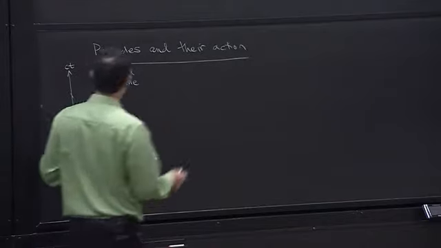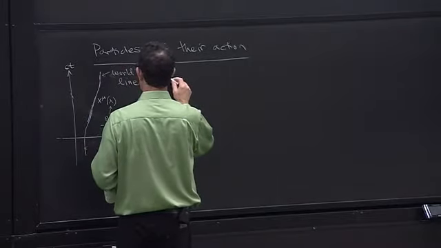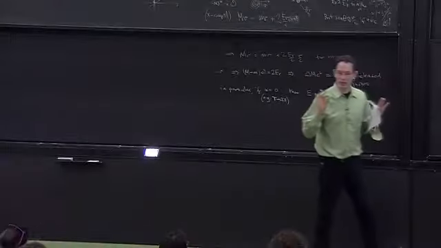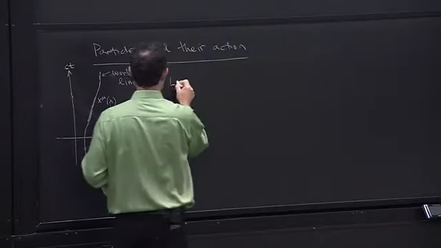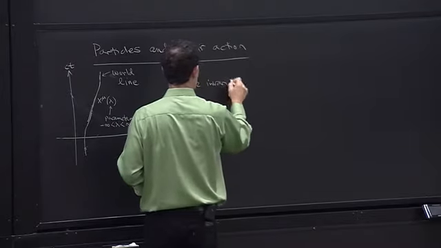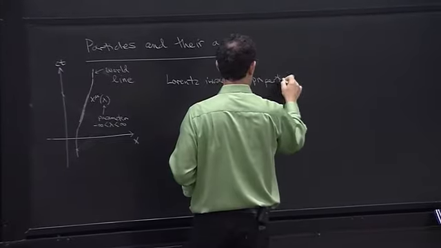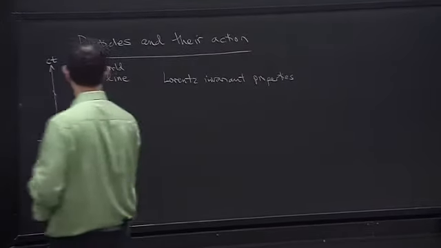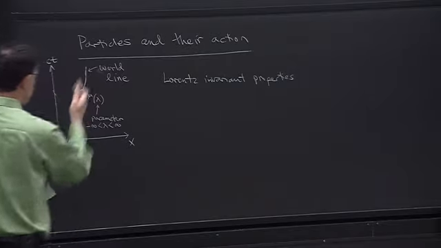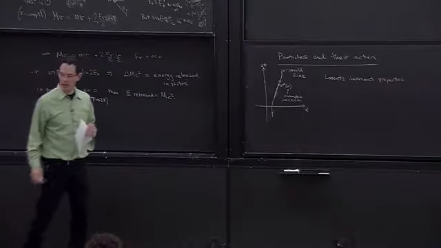Okay, so when we think about this world line, we should try to characterize its properties in a Lorentz invariant way. In particular, we can ask at any particular space-time point which the particle passes through, what's the velocity of that world line?